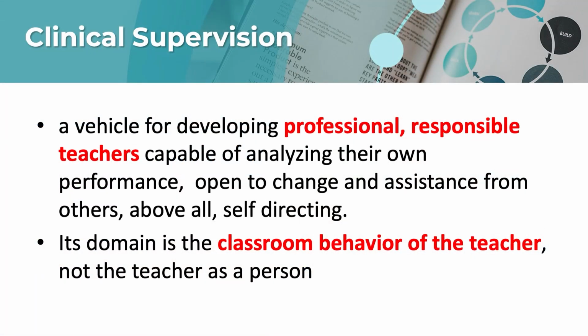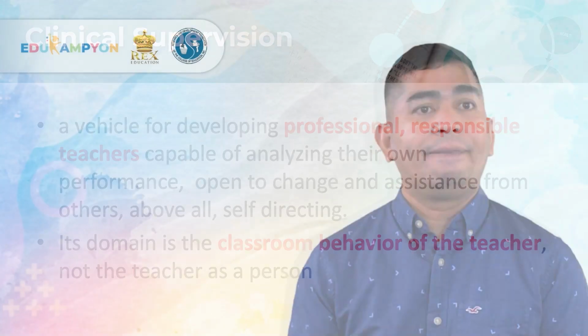Here, you can see that clinical supervision is a vehicle for developing professionals to be responsible teachers who are capable of analyzing their own performance, who are open to change and assistance from others, and who are, above all, self-directing.